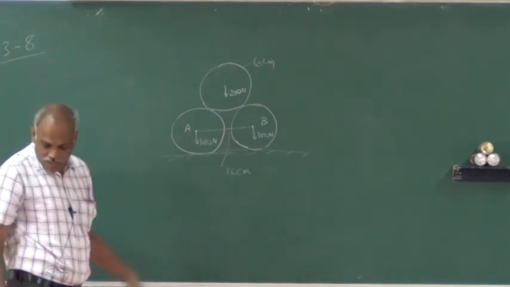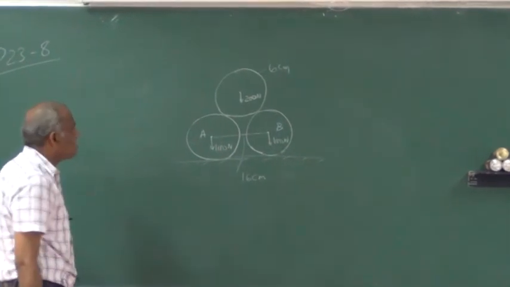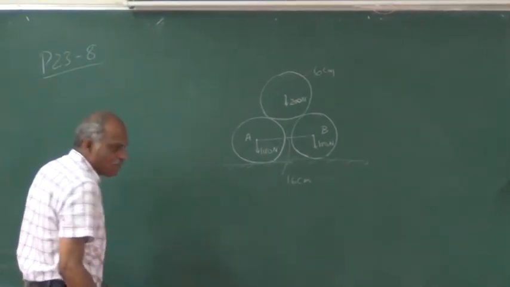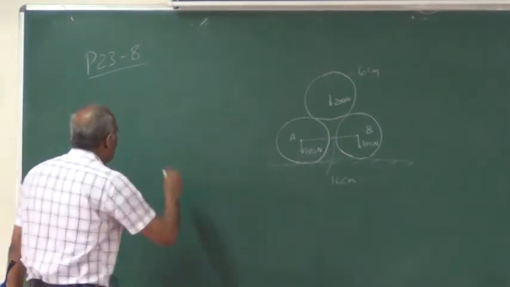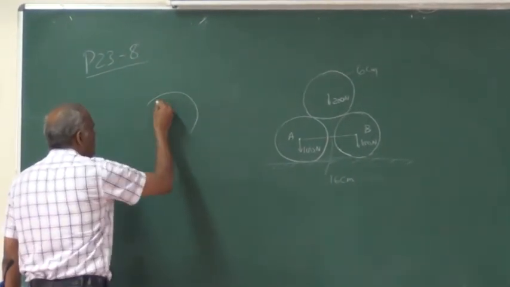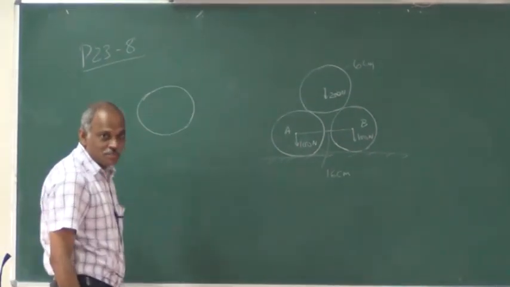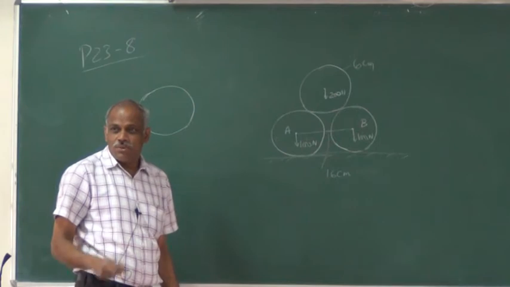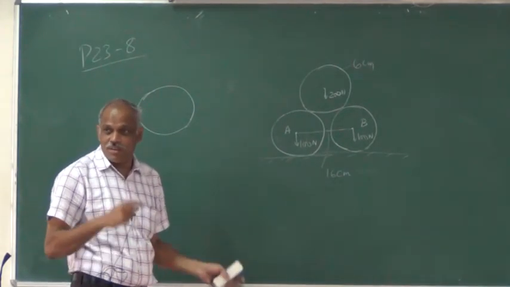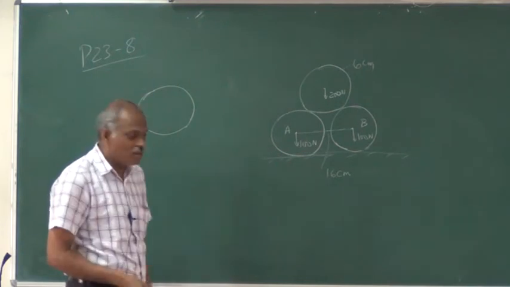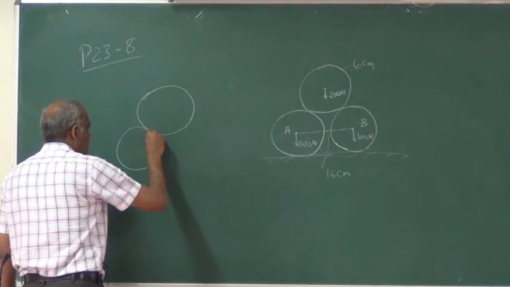So for solving this, we can think of having the free body diagram of all the three cylinders together. Let us see if any immediate help is there, because if you try to do three cylinders separately, then we have to do three free body diagrams. Instead, if you try with a single one, maybe you get a simplified or shortcut method.